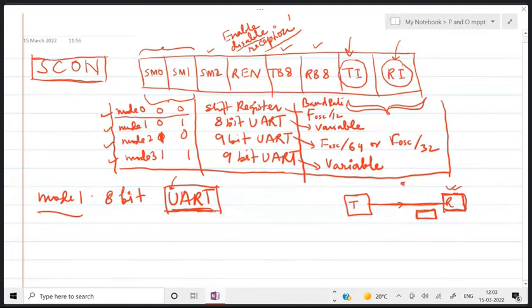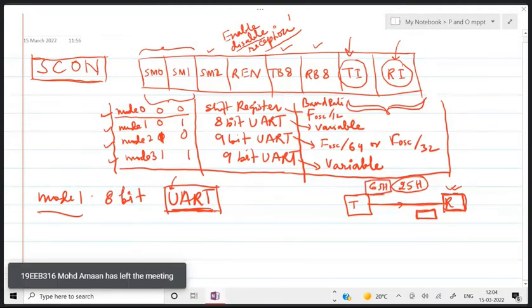Say, for example, in the previous case, I was talking about transmitting 25. So 25 is being transmitted on this line and being received by the receiver. After some time, say 65 is also being transmitted.